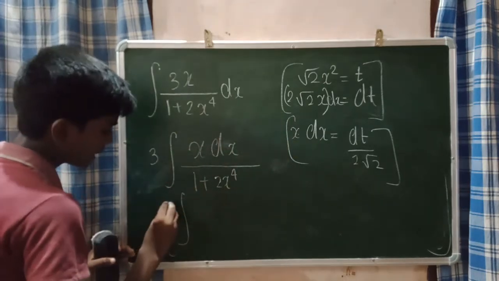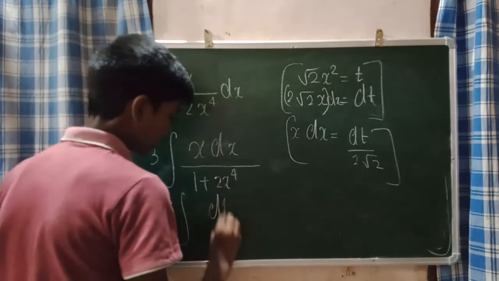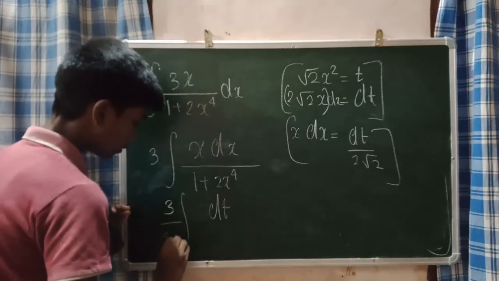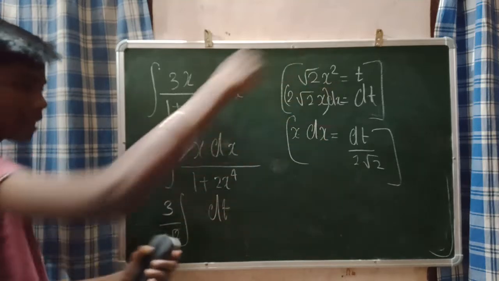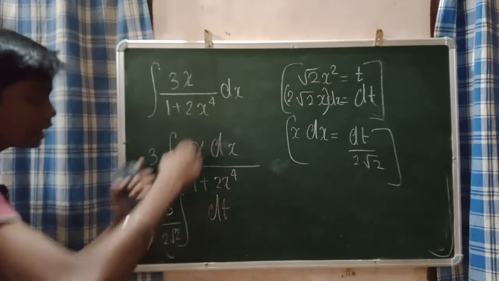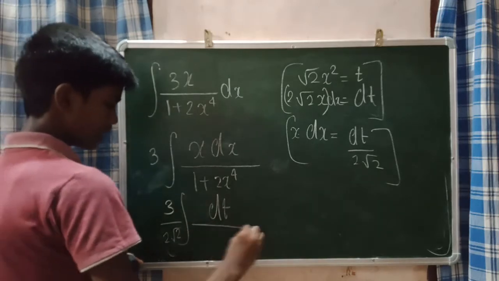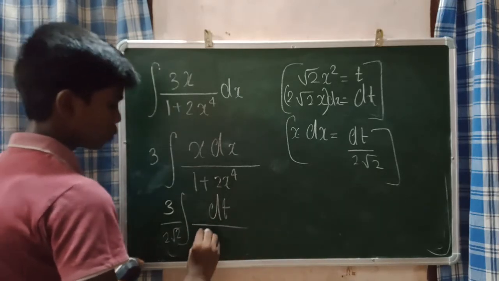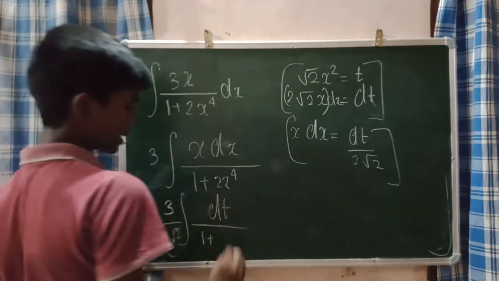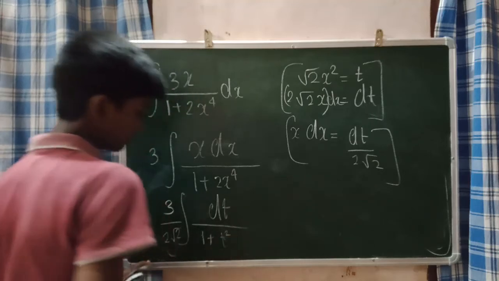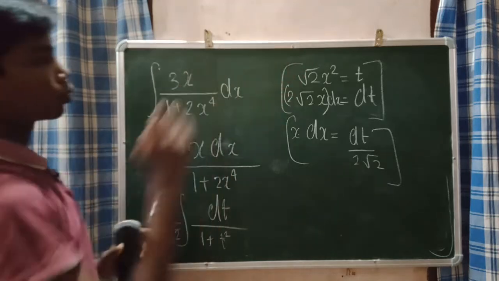As I am having 3, then into the integral of x dx. x dx is dt by 2 root 2. So I can take that 2 root 2 outside the integral. Correct? Because x dx is dt by 2 root 2, I will get 3 into 1 by 2 root 2, that is 3 by 2 root 2, then divided by 1 plus 2 into x power 4. 2 into x power 4 is t square, because t is root 2x square.